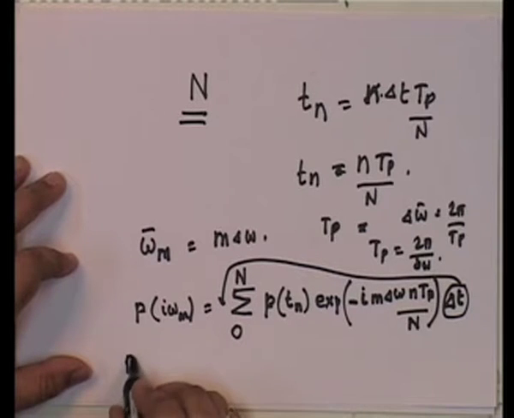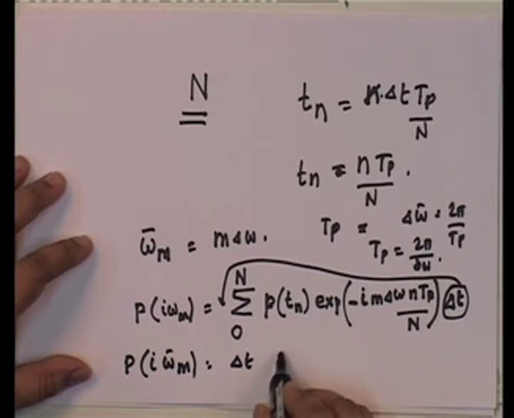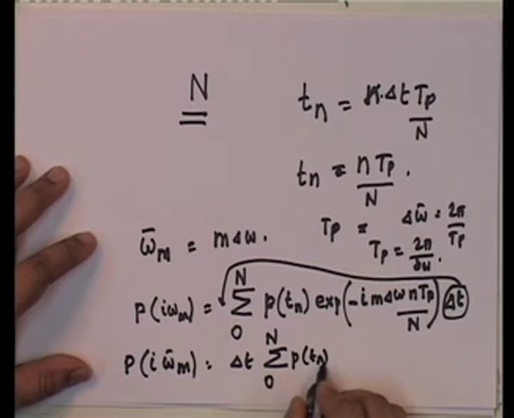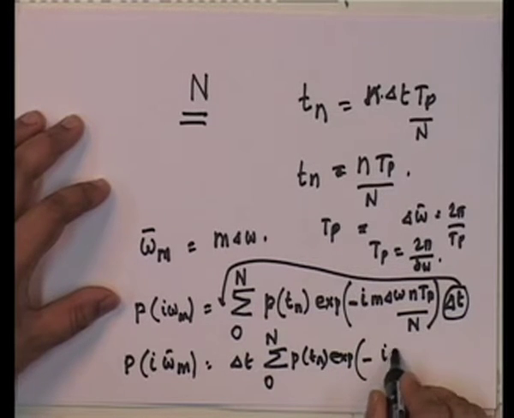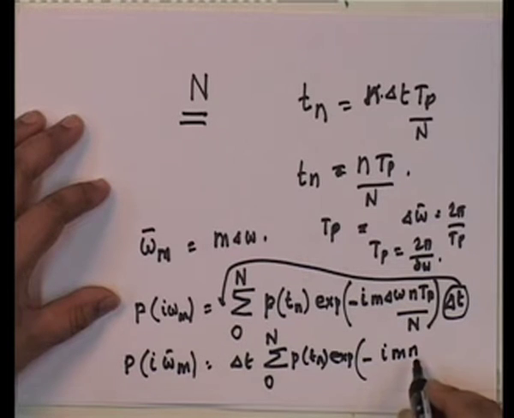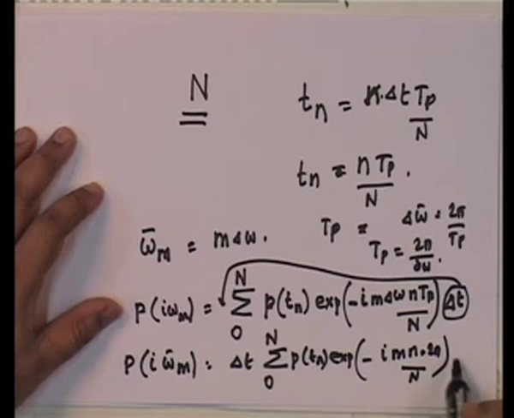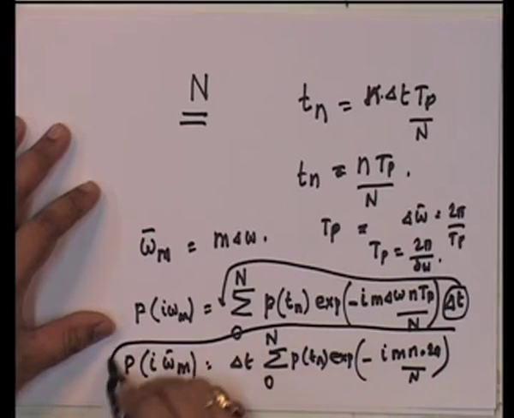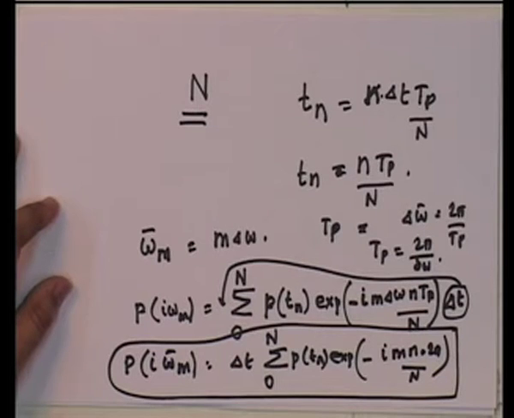So I have P(i omega bar_m) is equal to delta t, summation n going from 0 to N, P(T_n) into exponential of minus i m n, and there is a 2 pi, so into 2 pi upon N. So this becomes minus i 2 pi m n upon N, and that is my omega term. You see, this is the discrete Fourier transform.